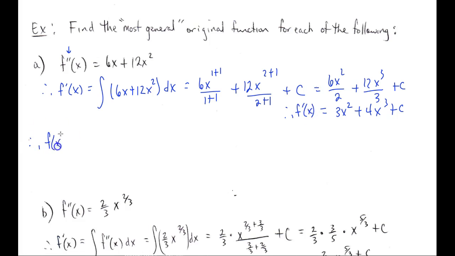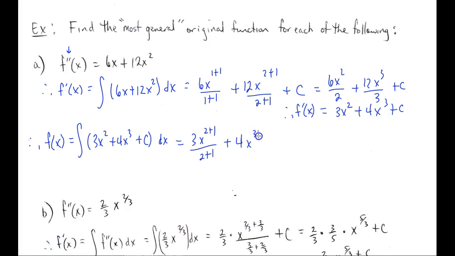Now for our original function, we need to take the antiderivative of what we just found, and we'll do the process over again. So that will be 3 times x raised to the 2 plus 1 over 2 plus 1, plus 4 times x raised to the 3 plus 1 over 3 plus 1.